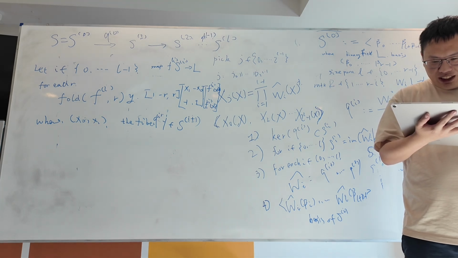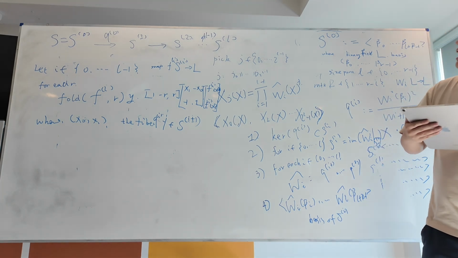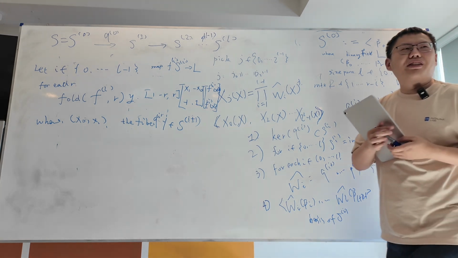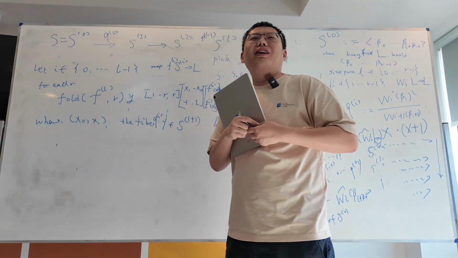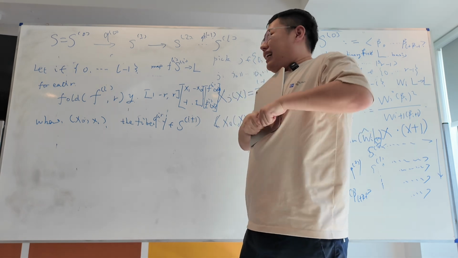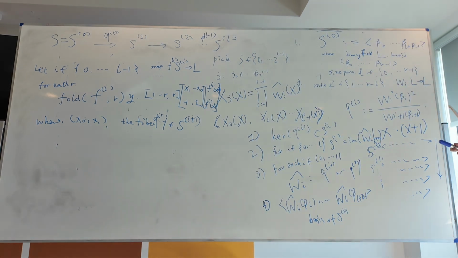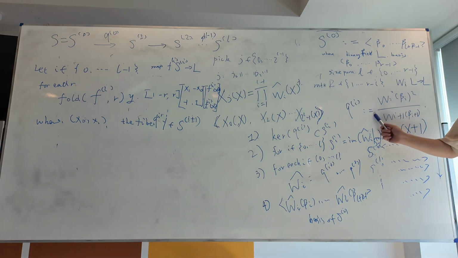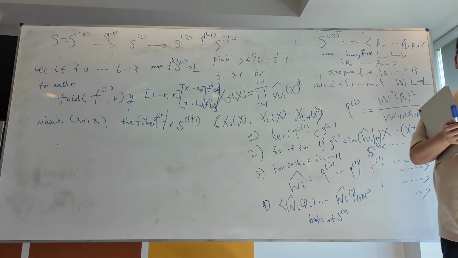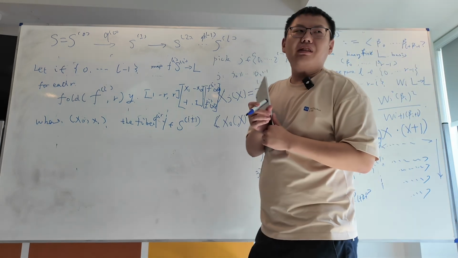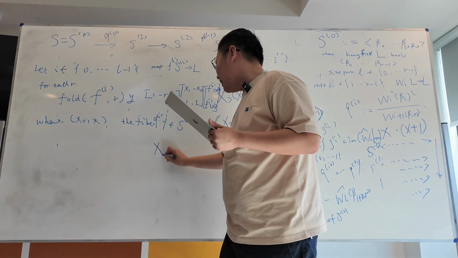Okay. Not exactly. I also want to mention, as the last thing I want to talk about, that it's very interesting that in binary fields, this thing is a linear map.